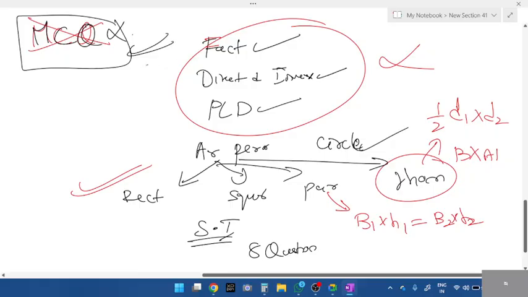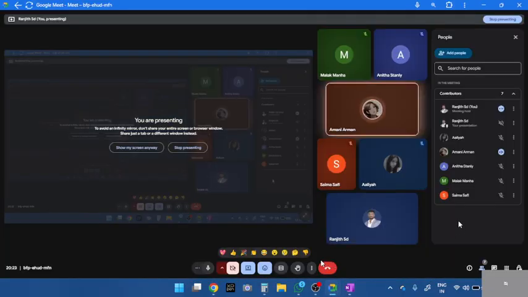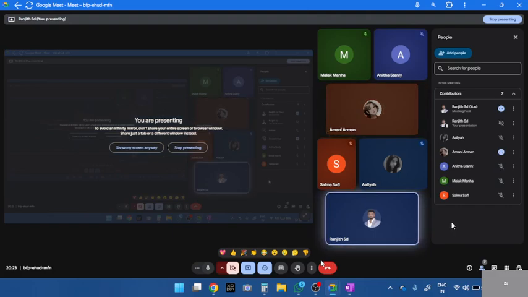Is it clear? MCQ is the only thing where most students lose their marks. They lose their time. For 10 questions, you take a lot of time to solve, students. Okay, fine. Left up to you all. Whatever your teacher says, do that.